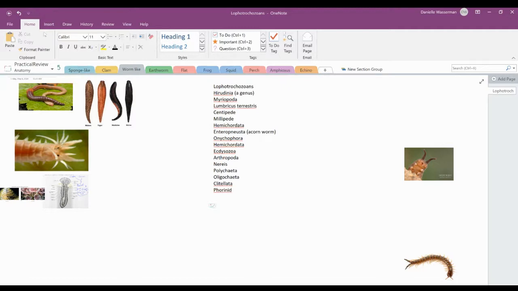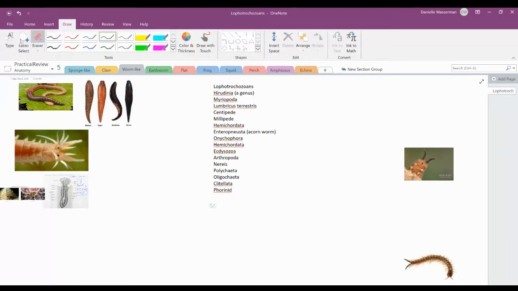So I'm going to draw some associations where there are associations. Now that I've organized them.